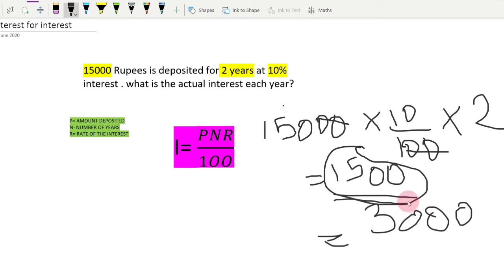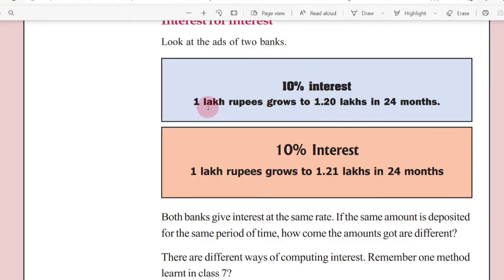In the first ad, we have 10% interest, and 1 lakh rupees grows to 1.20 lakhs in 24 months. That is simple interest. In the second bank the amount grows to 1.21 lakhs.